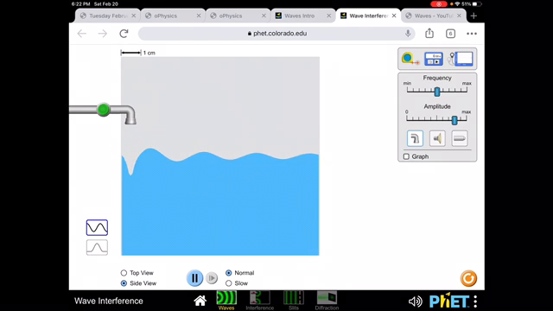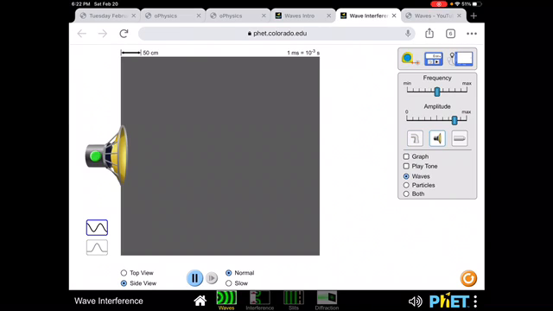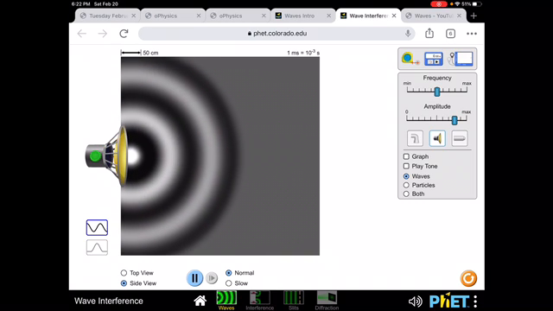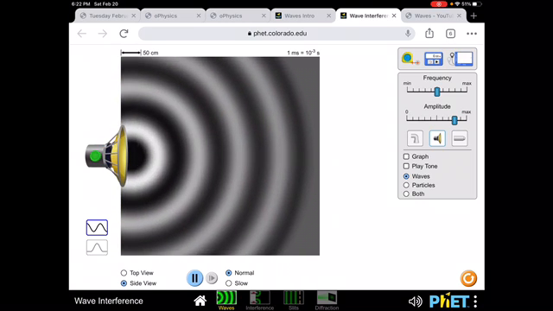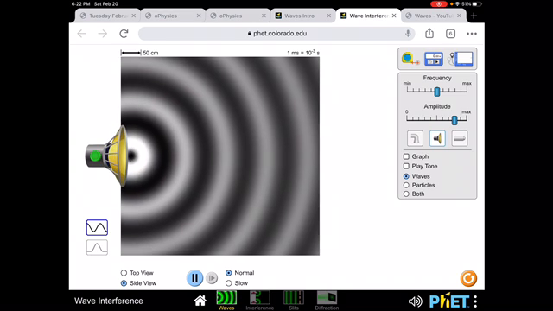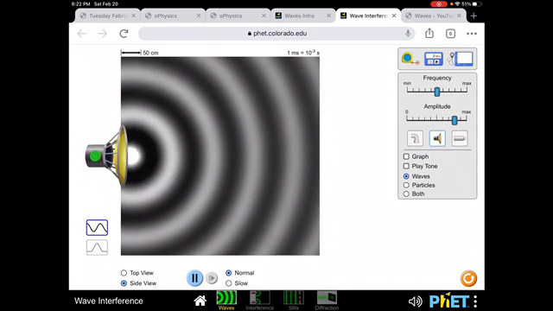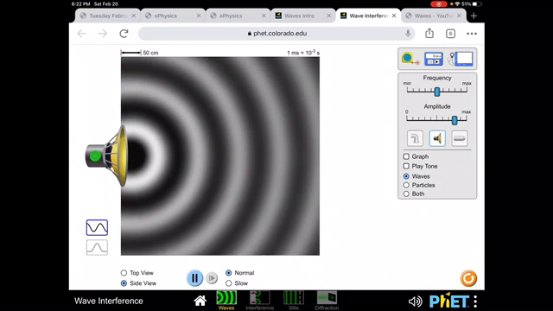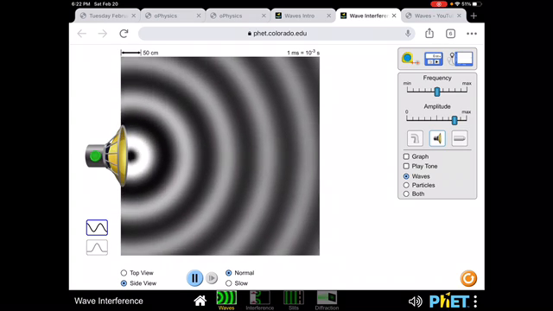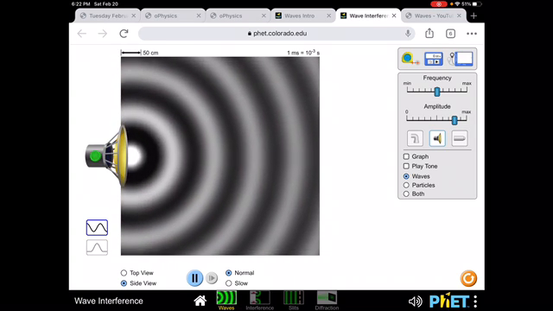We can create a standing wave with water, with a string, or with sound. Now this wave, the pattern appears to be moving, so we would call this a traveling wave, but we can also create something called a standing wave.